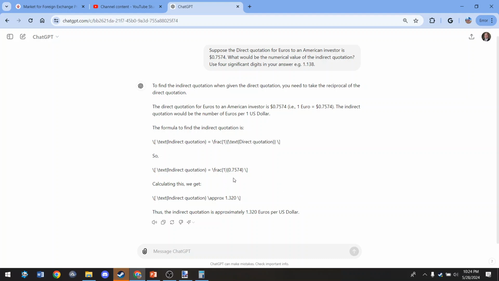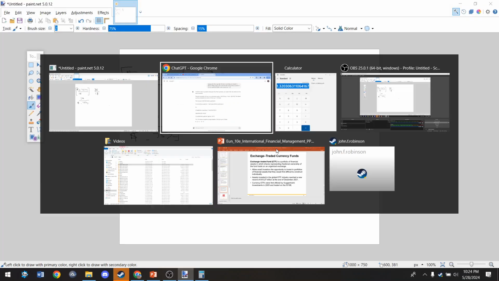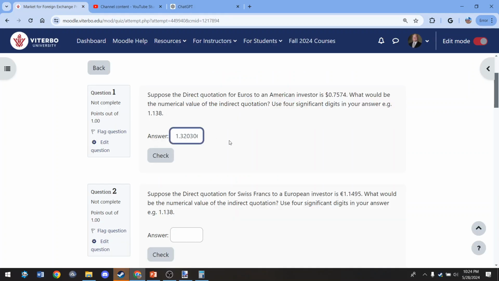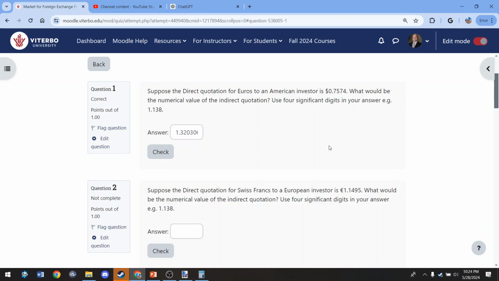But it's saying, in effect, instead of fractional dollars per 1 euro, we want fractional euros per $1. And that means doing 1 divided by 0.7574 and getting 1.3203 according to ChatGPT. So if we look at what we had, 1.3203. And so we can be fairly confident that this works just fine.